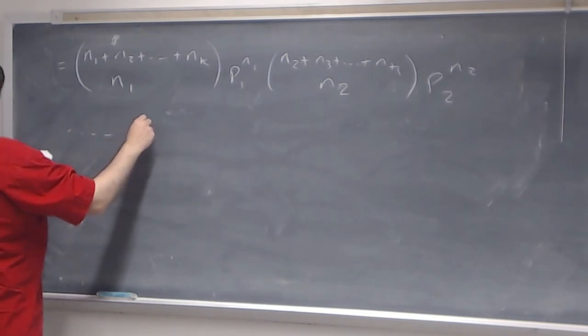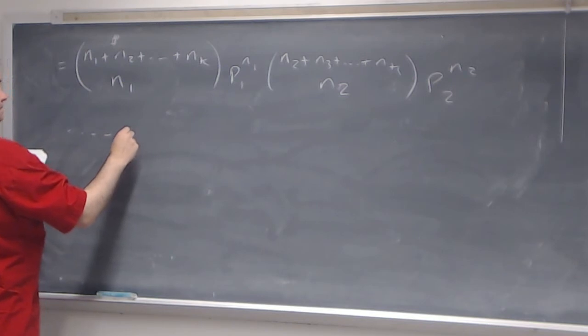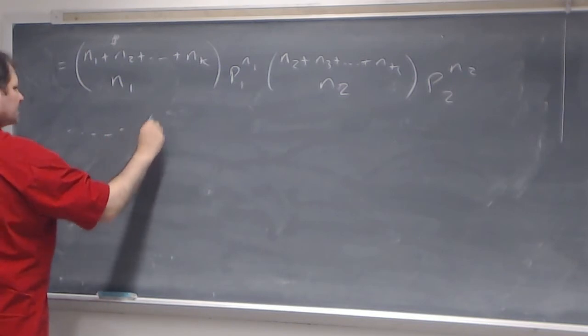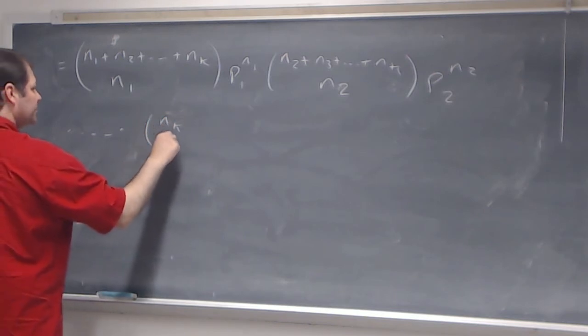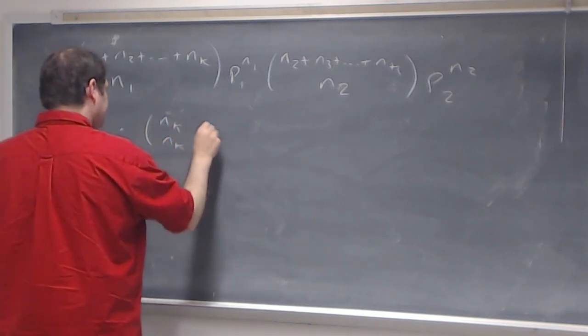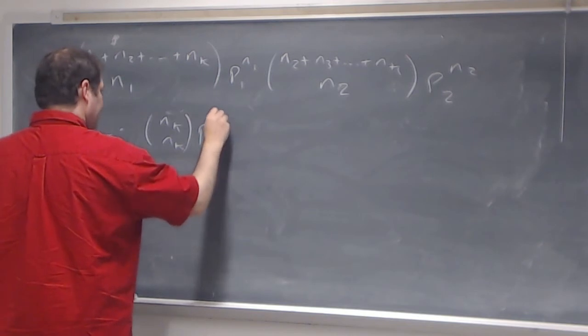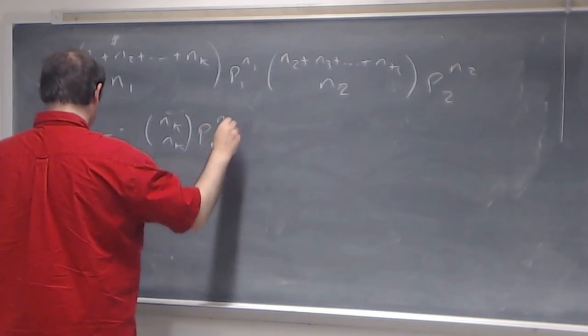The last one is we're going to have n sub k choose n sub k, times p sub k raised to the n sub k.